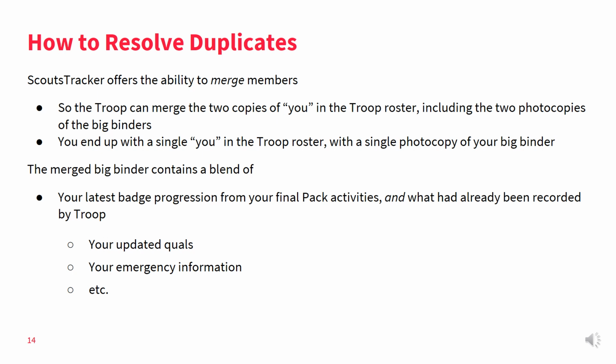And fundamentally what this will do is create a single blended copy of your two big binders. So it will now contain the latest information from your final pack activities, such as your participation in the Howler camp or your C&E award, as well as what's recently been recorded by troop. For example, your participation in the Welcome Back camp or your first aid certification.